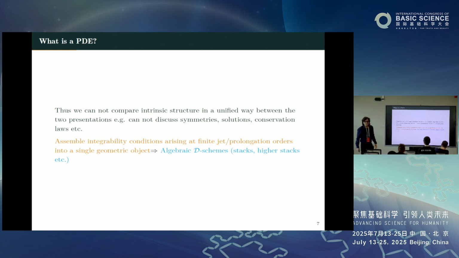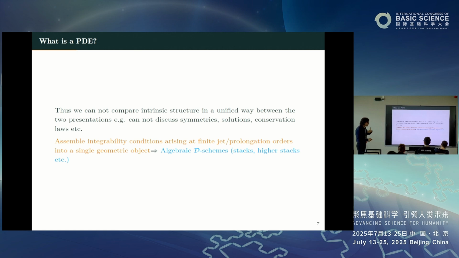The geometry is different. But if you allow yourself to prolong infinitely many times, eventually you will have some stabilization that happens. Something like Hilbert basis theorem. So these ideals of differentials actually stabilize with respect to the total derivation, hopefully. And then you can study them all together, right?